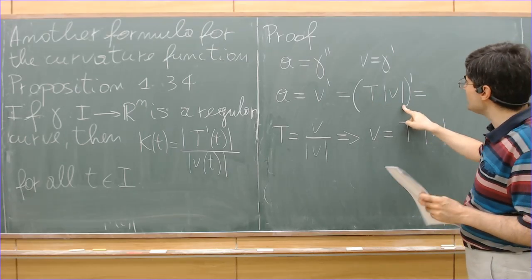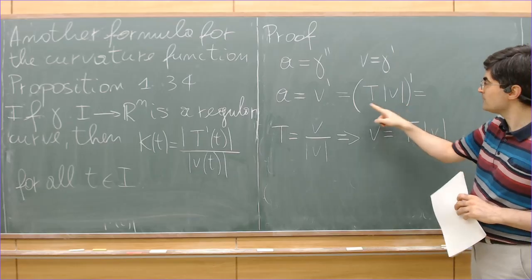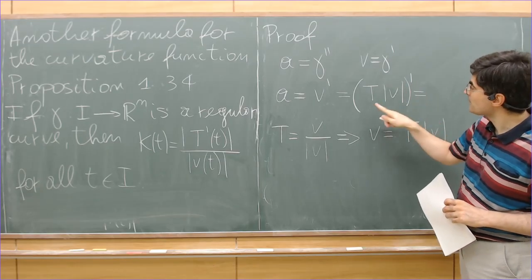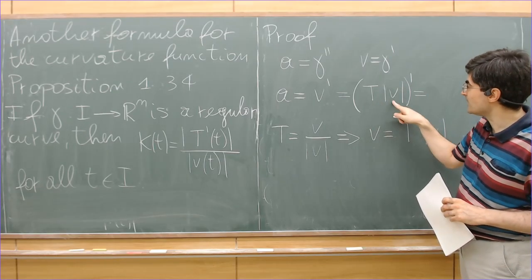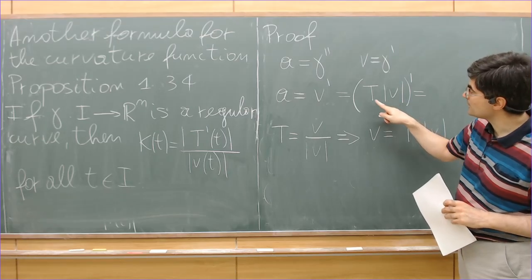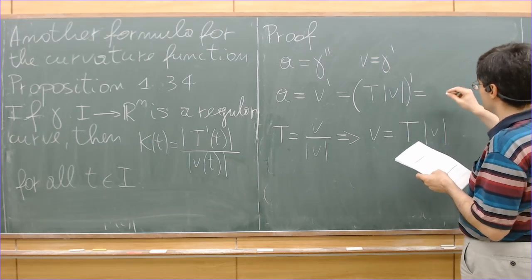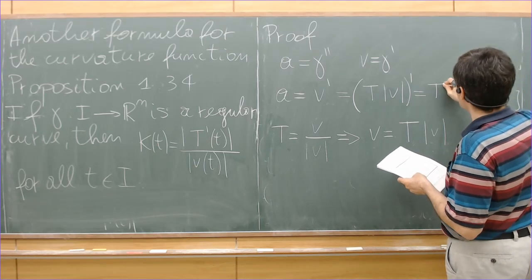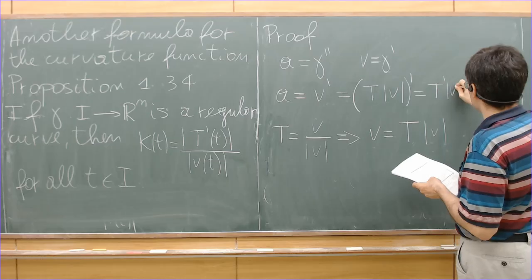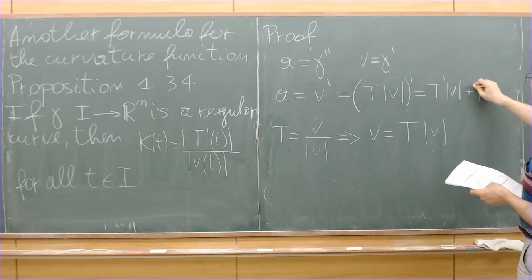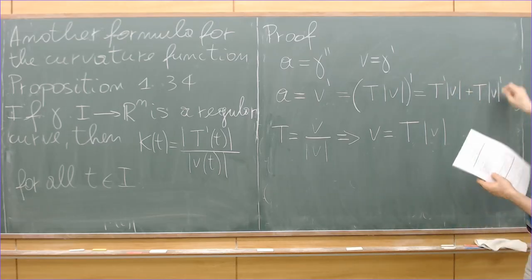Now let's apply the formula which gives us the derivative of the product of a scalar function and a vector function. We get T prime times the length of v plus T times the derivative of the length of v.